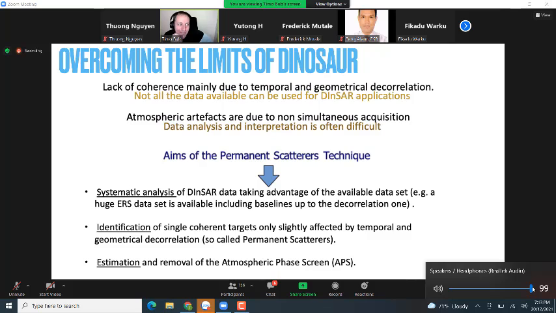Okay, so what we have as main problem is the temporal decorrelation, okay? So as soon as we go over a couple of days or months, we lose all correlation over the image. This is a huge problem. So we can't really use the InSAR to monitor over a very long time.